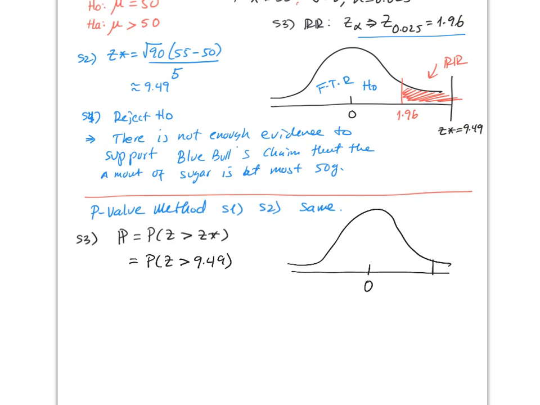So you want 9.49. So this is the area you want. Now, we did an example like this before, where if you look at the Z table, the biggest value you have on the table, remember, was 3.59.